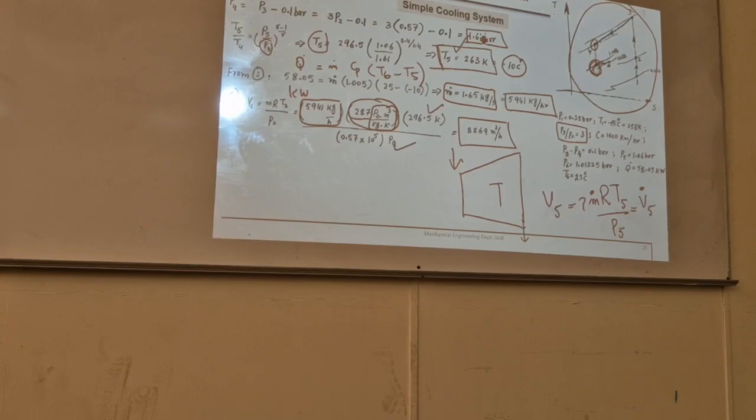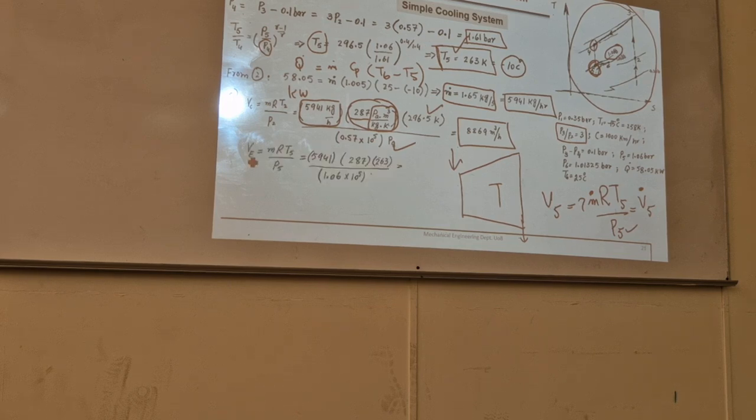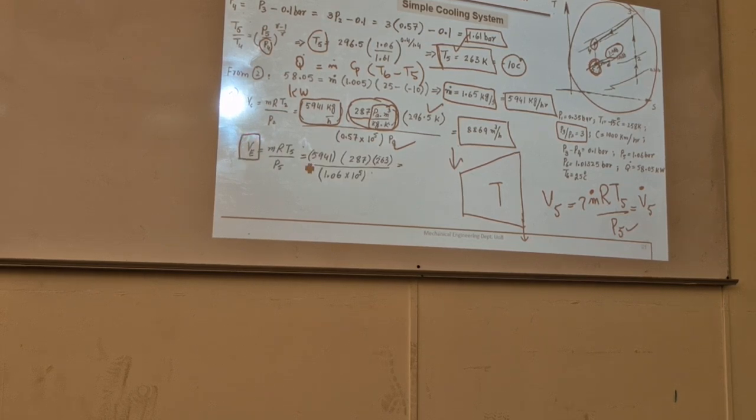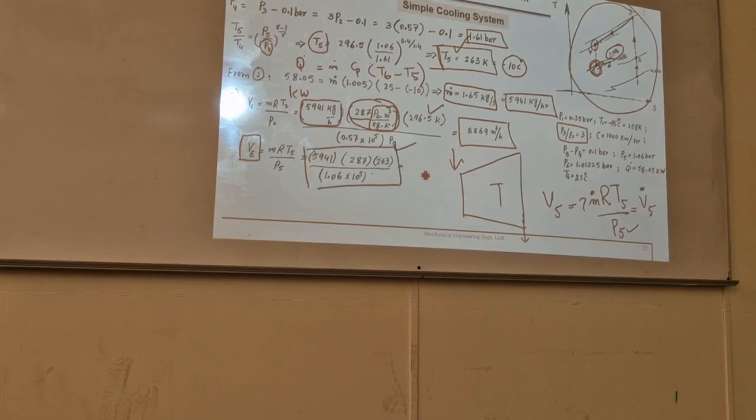P5, what is P5? Also given, 1.06 bar multiplied by 10 to the power 5. So here is the volume handled by expander or turbine. Just put values and find out. This value is not written here, I forgot to write.